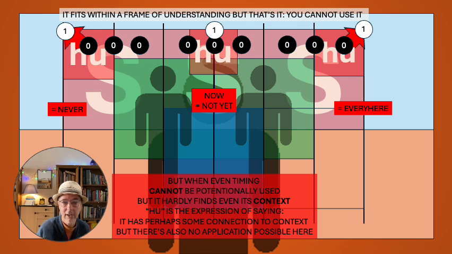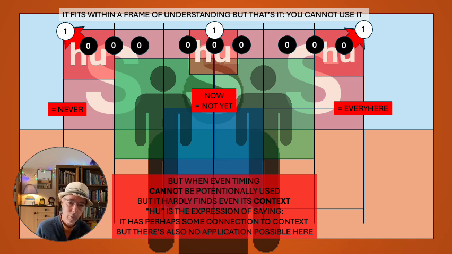It's actually saying, okay, between never and everywhere, you have the now position, but even the now means I can't use it yet, not even in a timing plan, not even at some point. Either it is something that never exists, or it's something that exists everywhere, and then it's so global that you can't use it. It's a laughter, of course, as well.